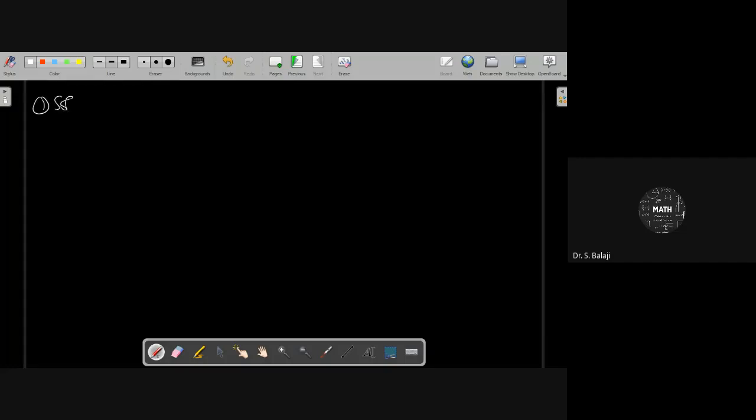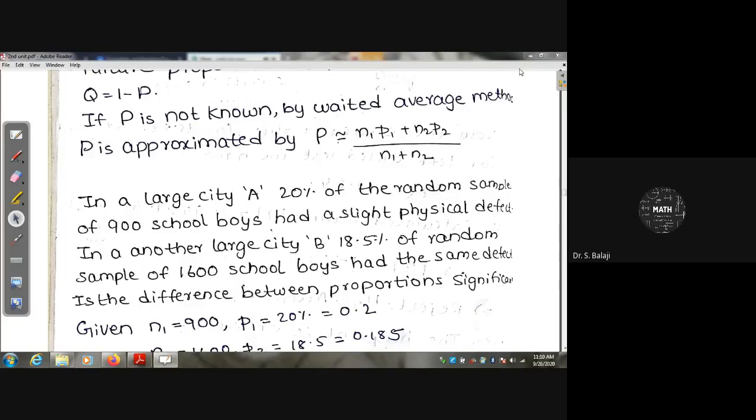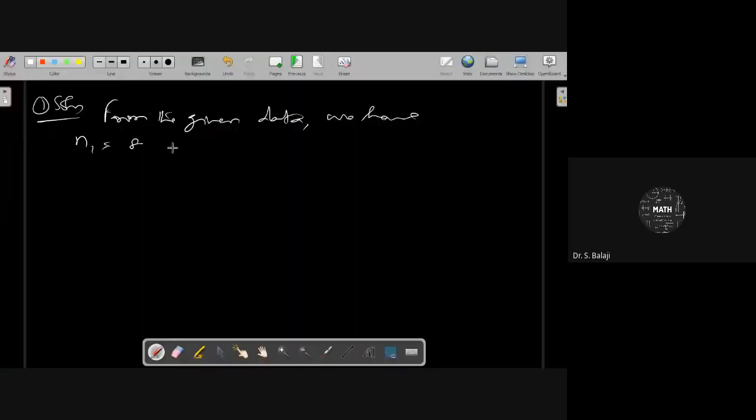For the first problem, from the given data we have N1 equal to 900, P1 equal to 20%, therefore 0.2.